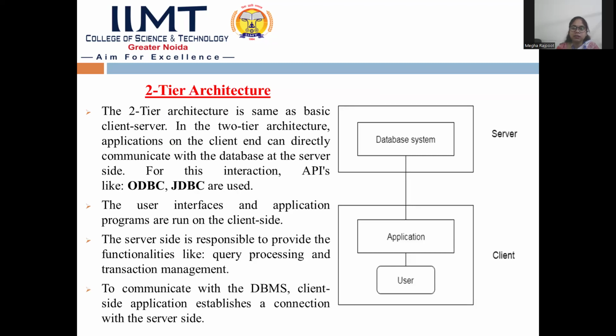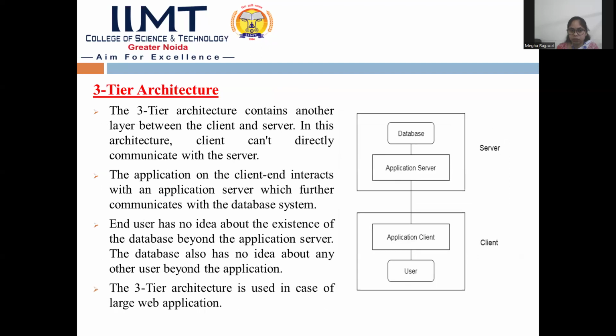The server side is responsible for providing functionality like query processing and transaction management. To communicate with the DBMS, the client-side application establishes a connection with the server side. We can see the two-tier architecture in the following diagram. So it follows the client-server architecture also.